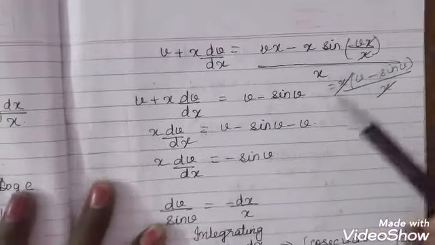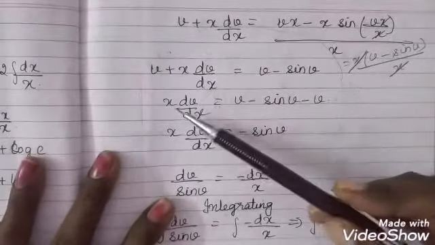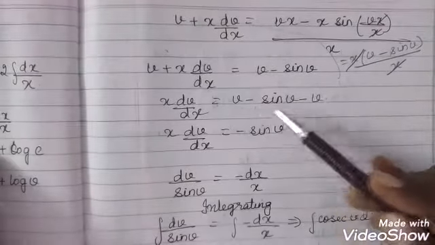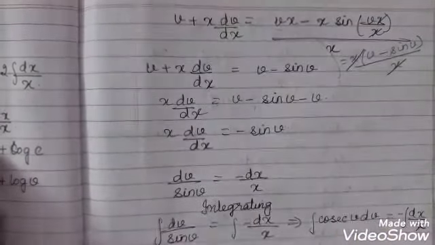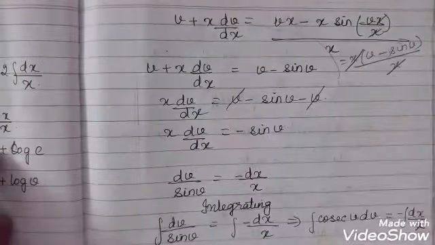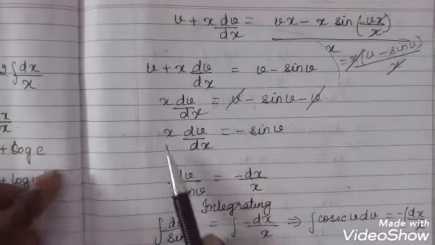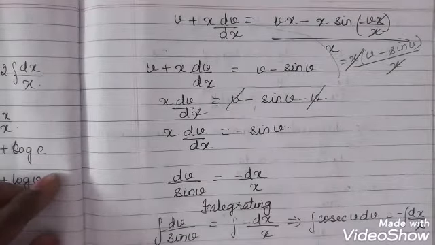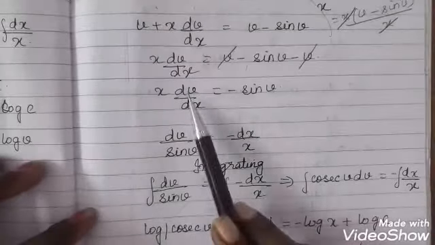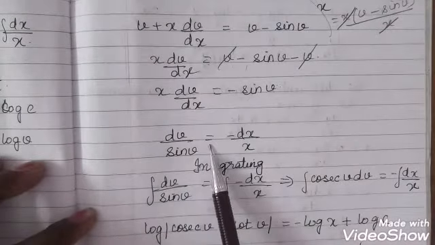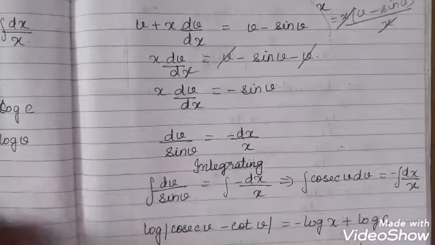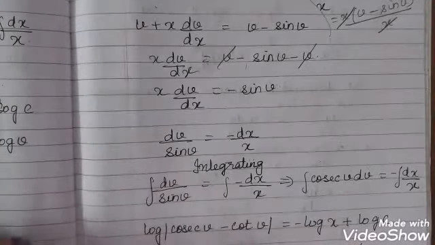It's v minus sine v. Taking it to the other side, it's x dv by dx is equal to v minus sine v minus v. So here v and minus v get cancelled. x dv by dx is equal to minus sine v. So dv divided by sine v is equal to minus dx divided by x, by the variable separable method.